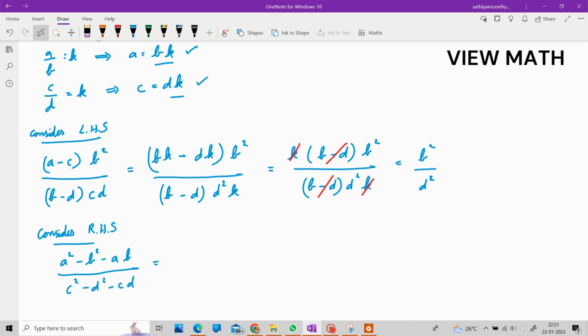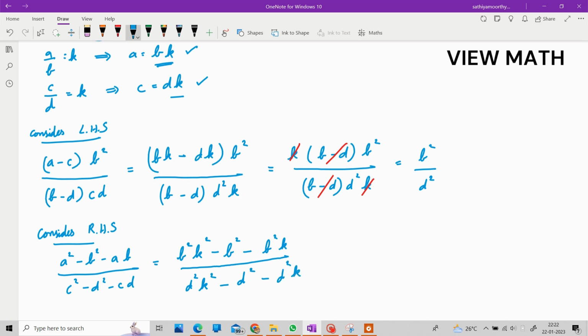So this is equal to, now A I am going to substitute, A is BK, B square K square minus B square as it is I am writing, minus A is BK, again one more B is there, so it becomes B square K divided by, in the denominator, I am getting C square is D square K square minus D square as it is I am going to write minus C is DK, so D square K.